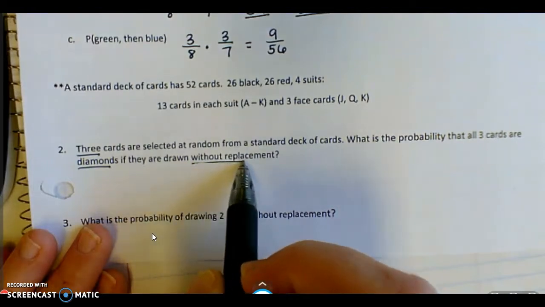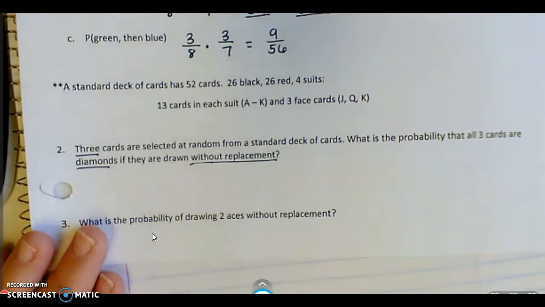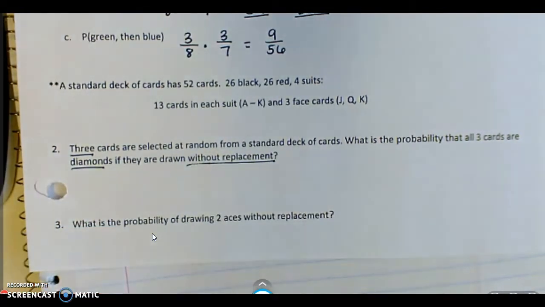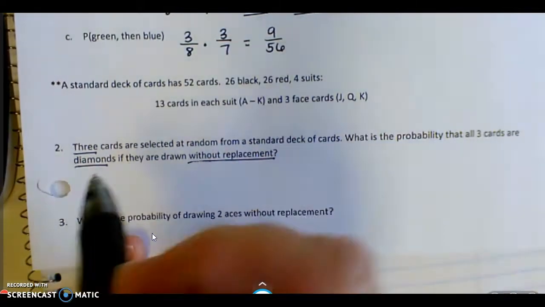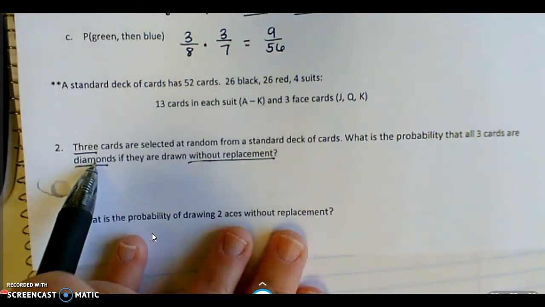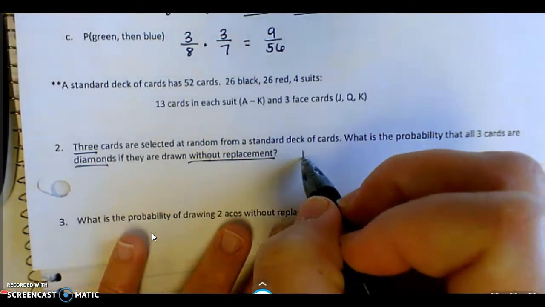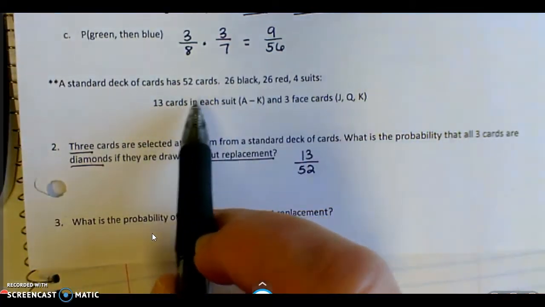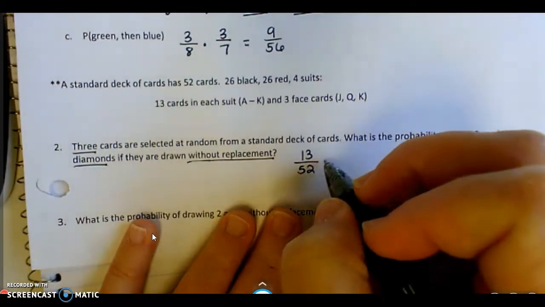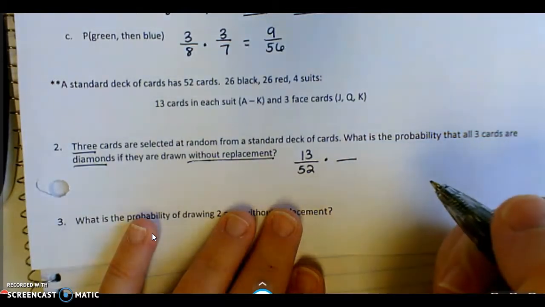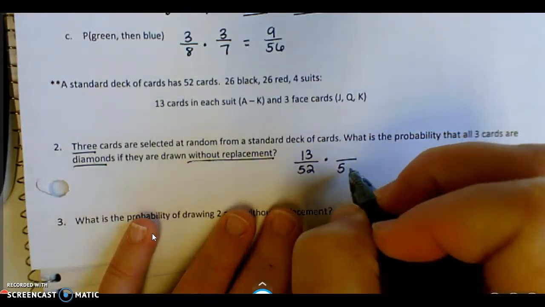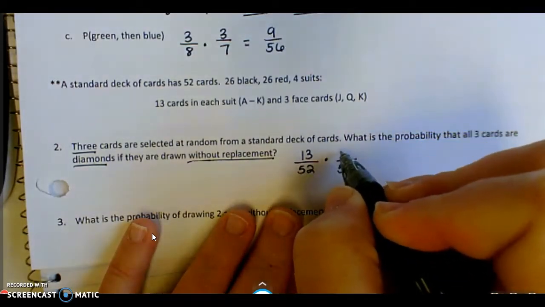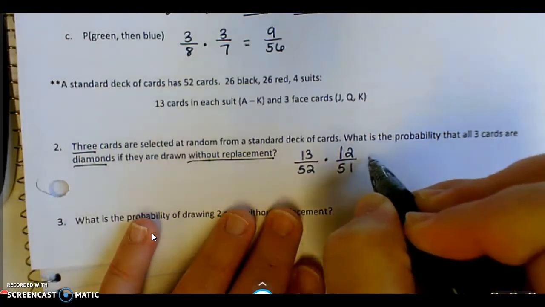If they're drawn without replacement, we're not putting them back in. That means I have to change the probabilities. First of all, the probability that I get a diamond the first time would be 13 out of 52 because there's 52 total cards, 13 diamonds. All right, next time around if I get another diamond, well, there's only 51 cards to choose from, and because I already chose a diamond, there's only 12 more.